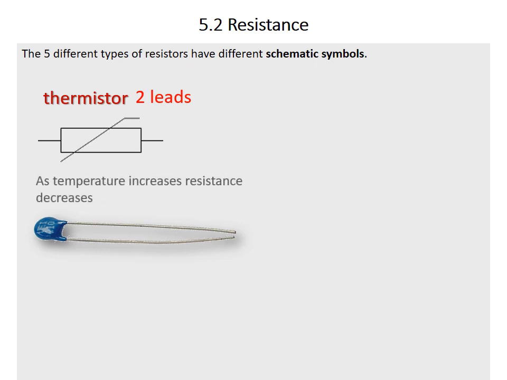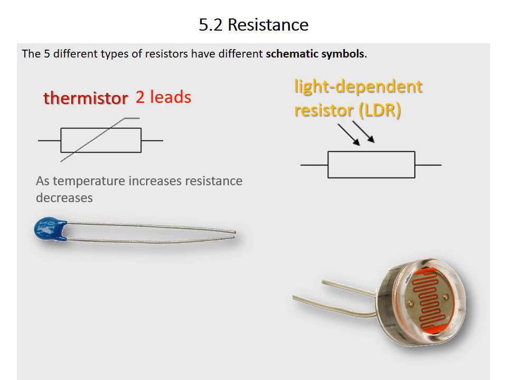And again, as temperature increases, the resistance decreases for these types of resistors. We have the LDR. It looks like 2 leads with 2 rays of light hitting the resistor. And as brightness increases, resistance decreases. These resistors are used in different types of sensors.